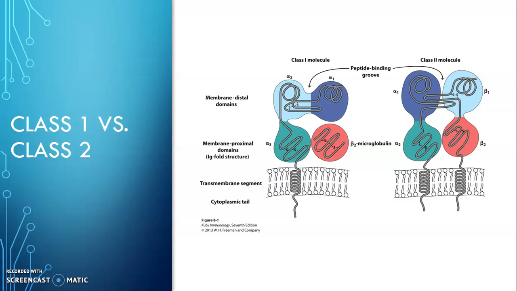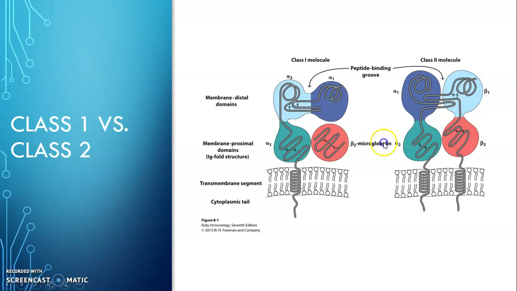These MHC1s will have cell-mediated responses. So right here we have the class 1 molecule, and it is made of one peptide, so they're connected all together. But this binding groove is not deep enough for a peptide to come in and bind to it.